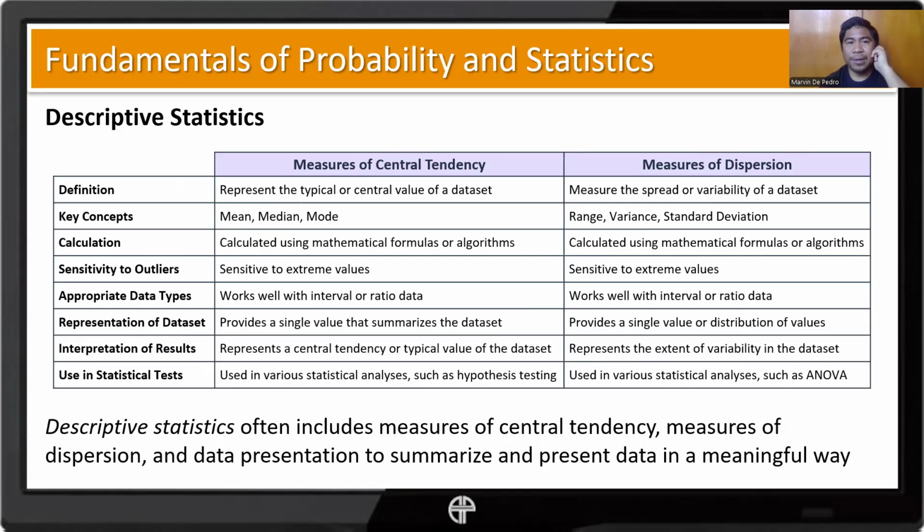These are calculated using mathematical formulas or algorithms, and they are sensitive to extreme values. The data types work well with interval or ratio data.